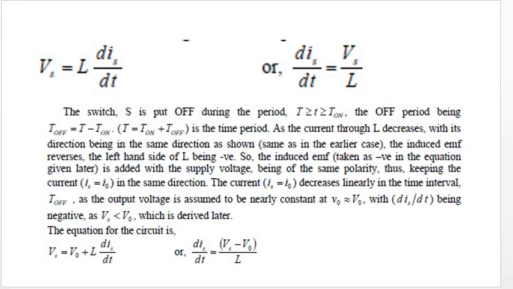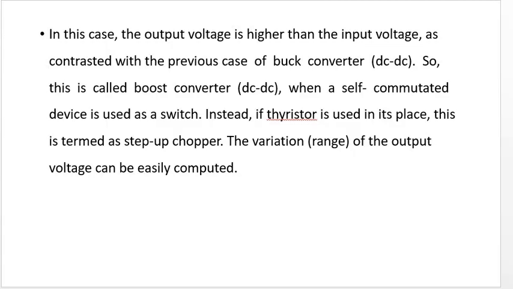The switch is off during the period between T on and T. The off period is equal to T minus T on, and the total time period T is equal to T on plus T off. Here, the output voltage of the circuit is given by Vs is equal to V naught plus L into dis by dt, or dis by dt is equal to Vs minus V naught divided by L. In this case, the output voltage is higher than the input voltage.